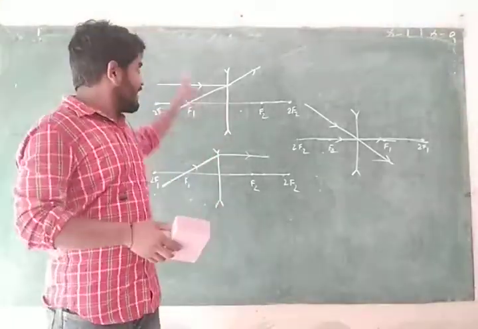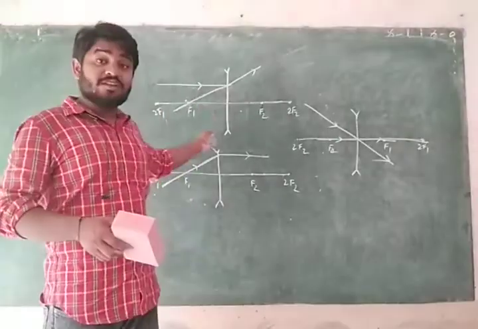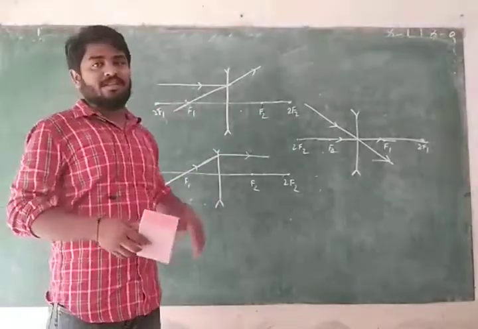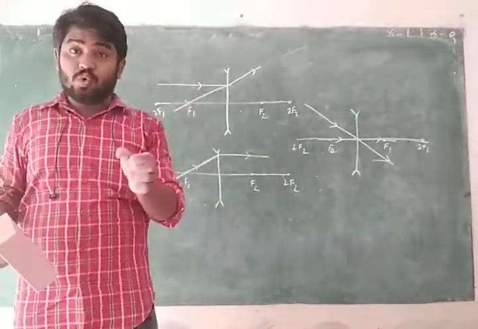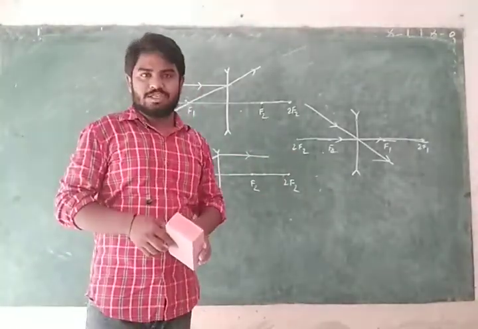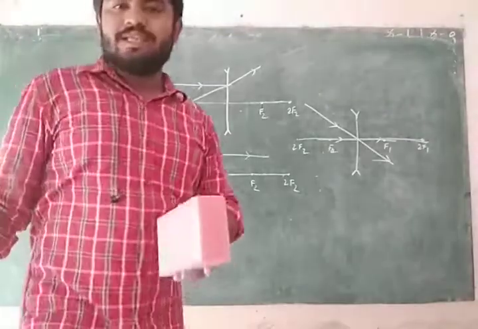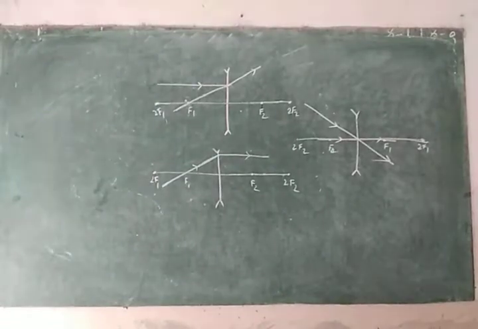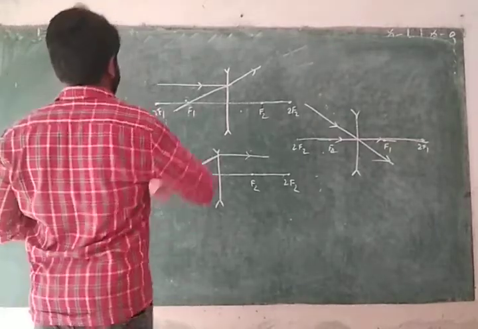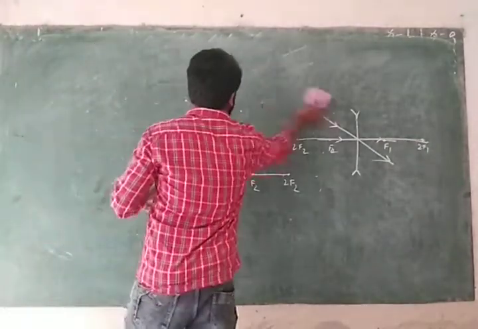So this is the nature of light. We are observing the nature of light, how it is traveling. Right? These are very helpful to trace the image. Clear? So now let us see how we can trace the image. Let me have a chalk piece. Right? We have drawn the ray diagrams.